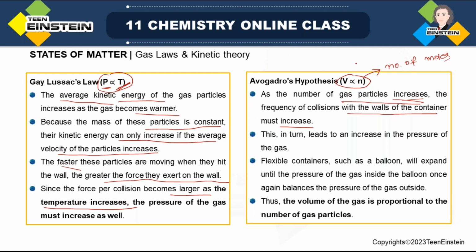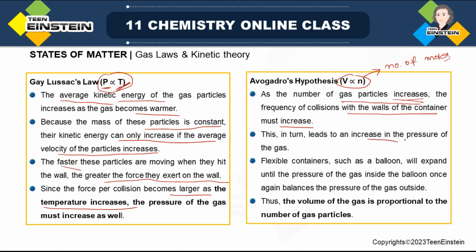Amount of gas means number of moles or number of gas molecules. So when we are trying to see the relationship between V and n, we have to keep pressure and temperature constant. Under this condition, when you increase the number of gas particles, collision with the walls of the container must increase.